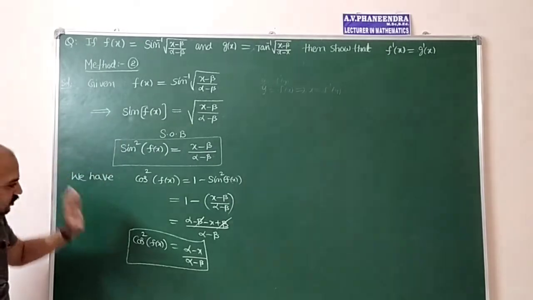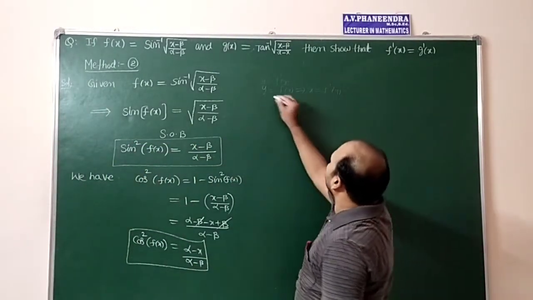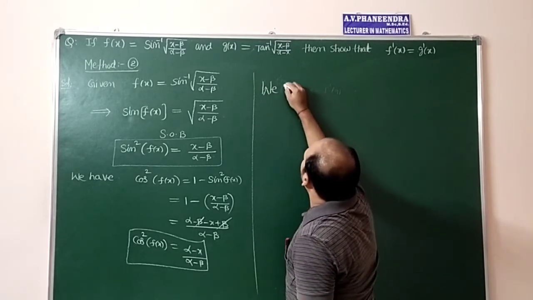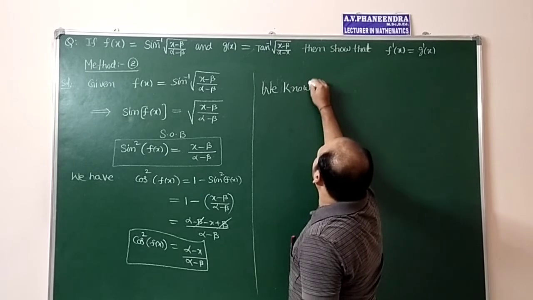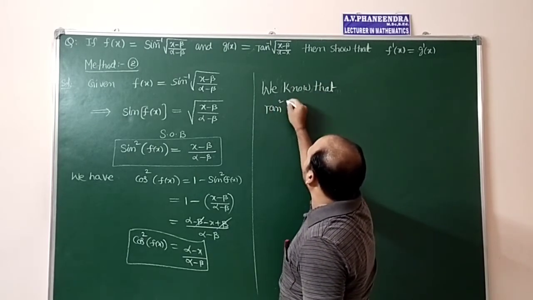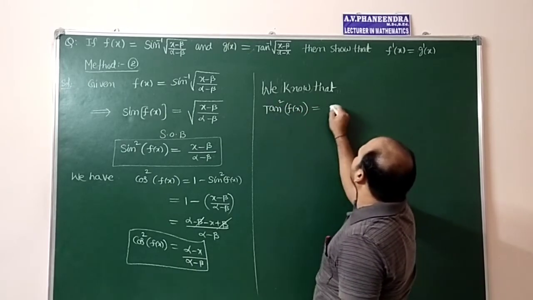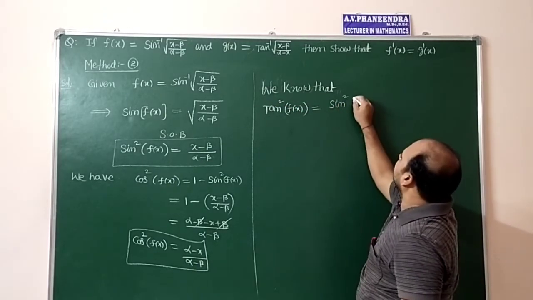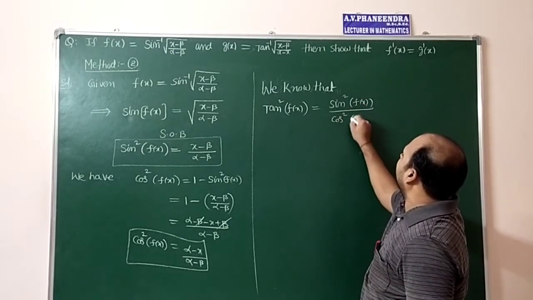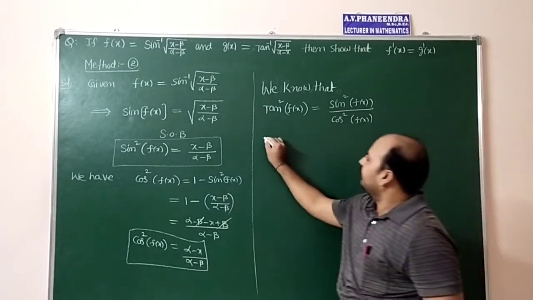Whenever we know sin square and cos square, we need to write tan square. We know that tan square f of x can be written as sin square f of x by cos square f of x. These values substitute here.